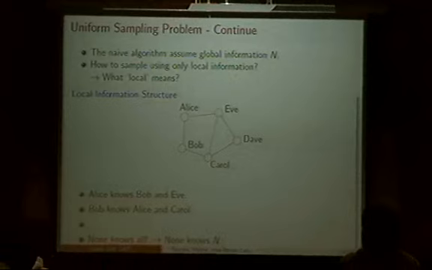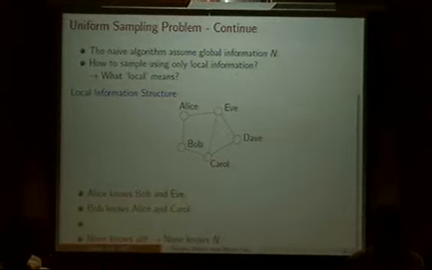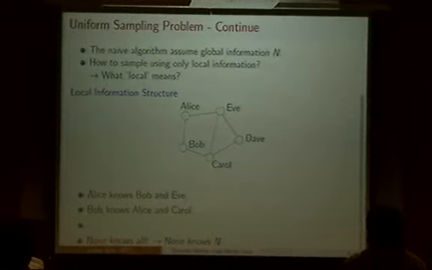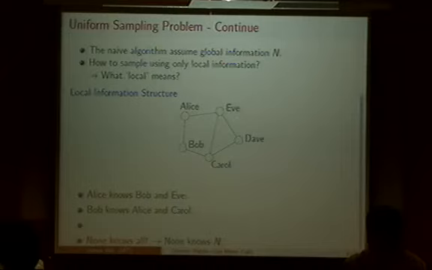Suppose if 2 people share an edge, they know each other. In this graph, Alice knows Bob and Eve, and Dave knows Eve and Carol. Carol knows Bob, Eve, Dave. But no one knows all. No one knows total number of people are here. Using this local information structure, still, uniform sampling problem can be possible using a random walk.